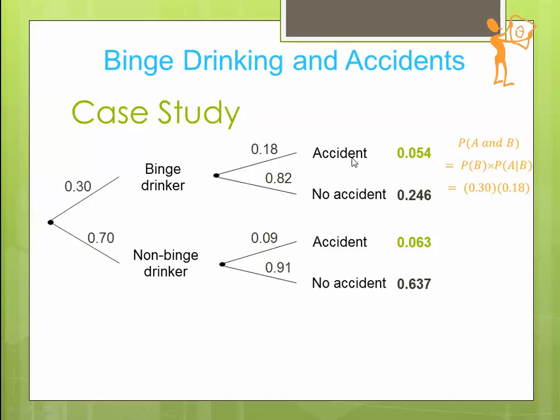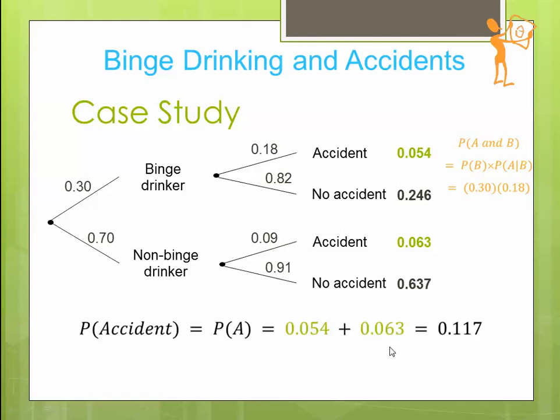We just want to know what's the probability that we randomly take a student and they fall in one of these accident categories. So to do that, now we use the addition rule. And we can add up the binge drinkers that have been in an accident and the non-binge drinkers that have been in an accident. And when we add those up, we get a probability of 0.117.